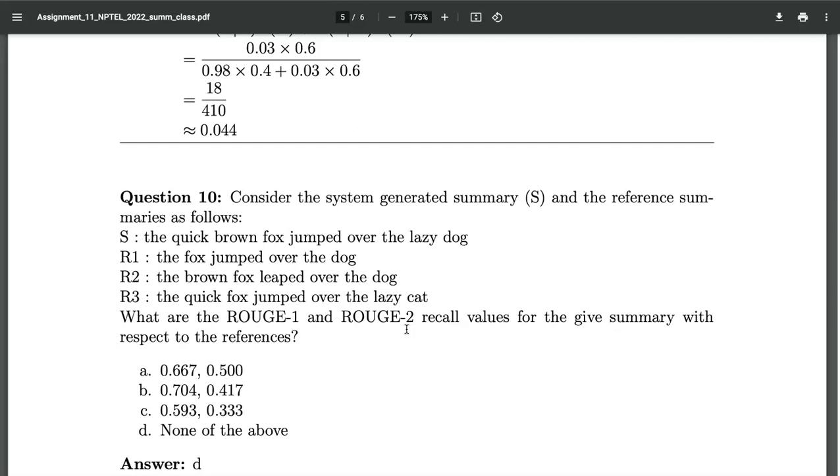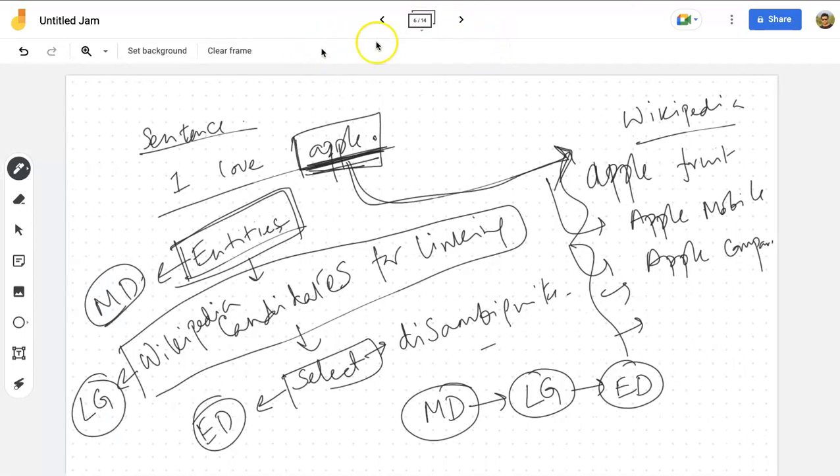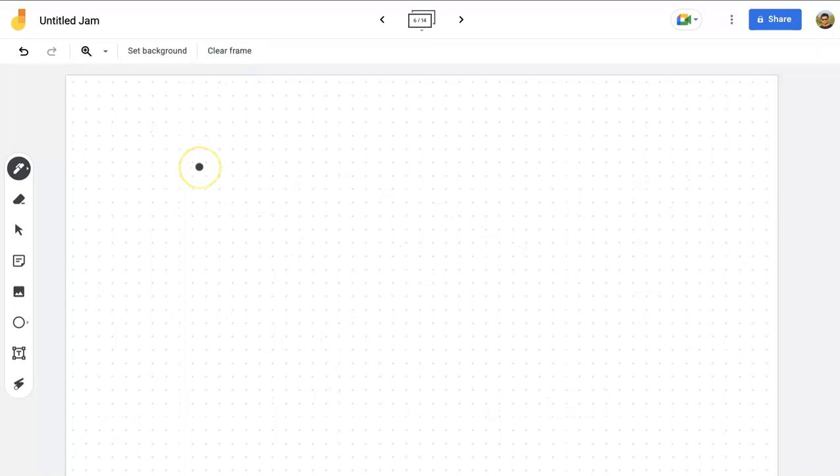Let's do it for just one simple step. I hope it is very easy. So this is your system-generated summary, and this is the first reference. What is the sentence?